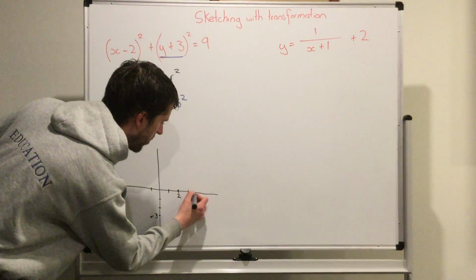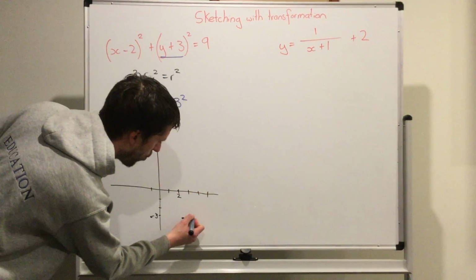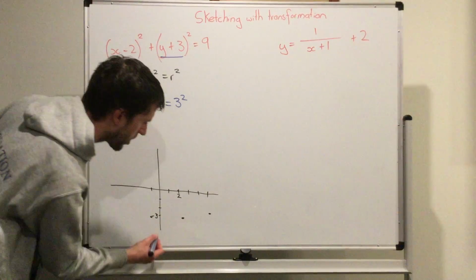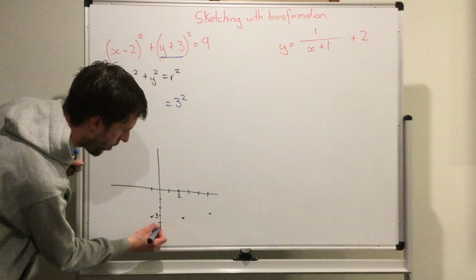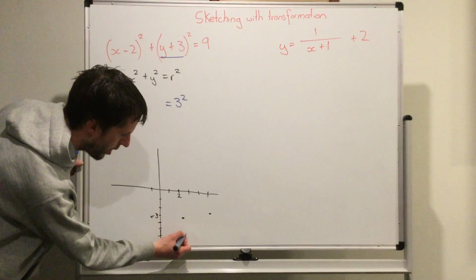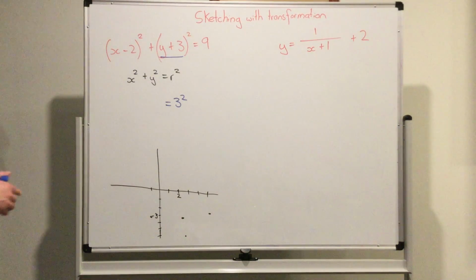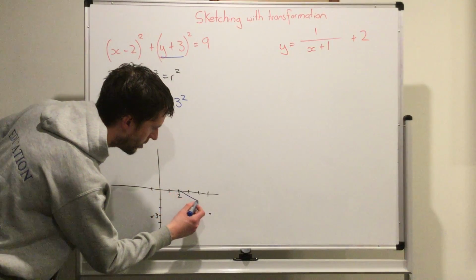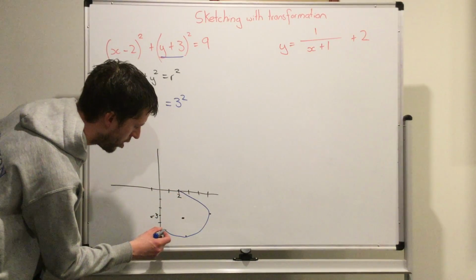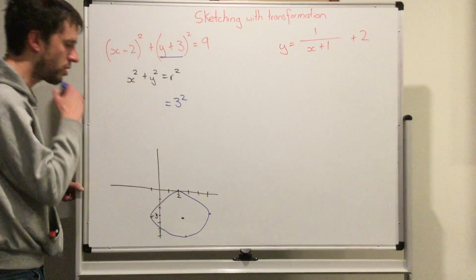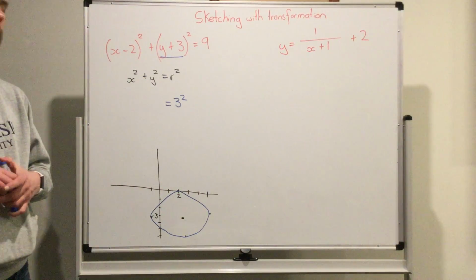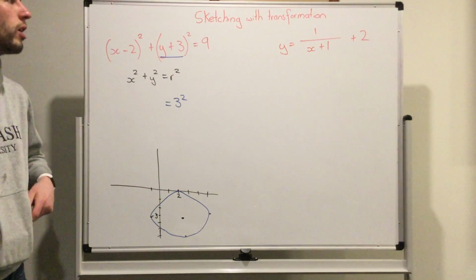I'll go over this way, 1, 2, 3. And then down, 1, 2, and 3, right down here. So I've got my points around using the radius, and I can now simply join them together to form my circle. So that's what I want you to think about when we're sketching a circle.